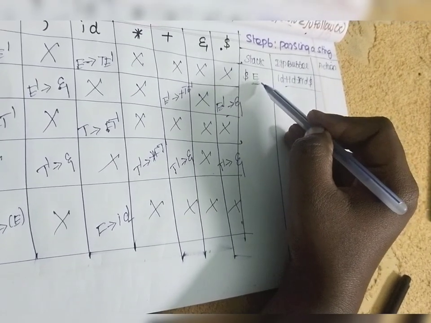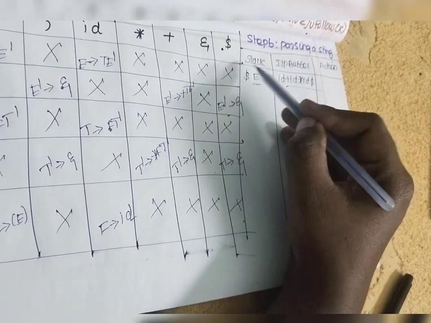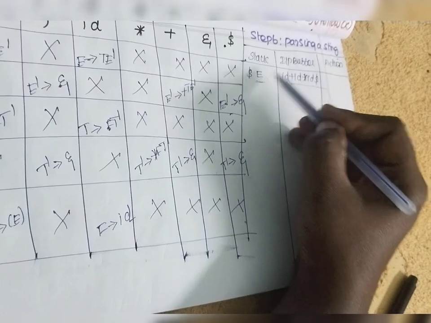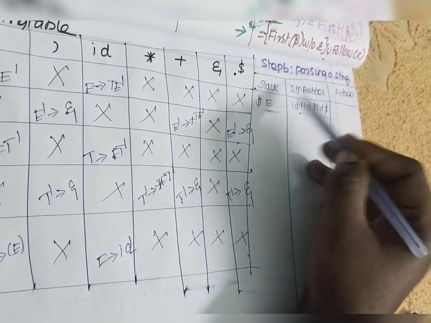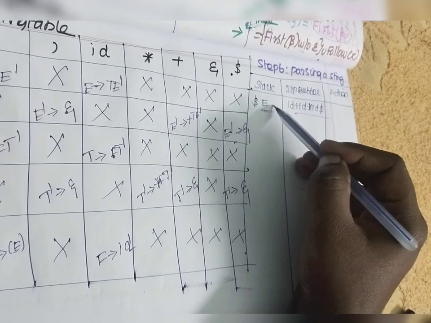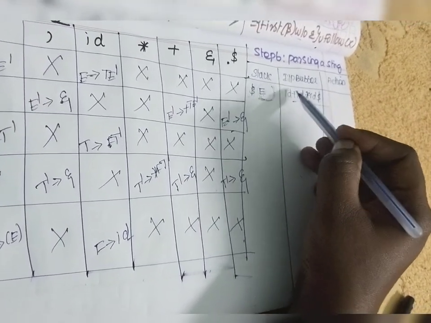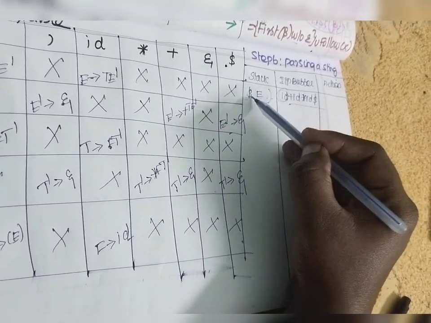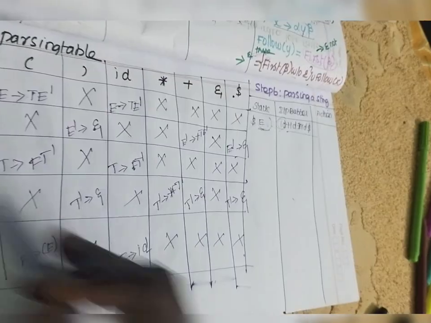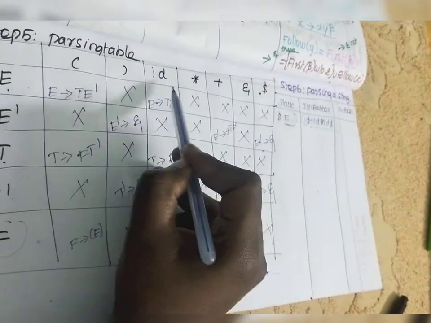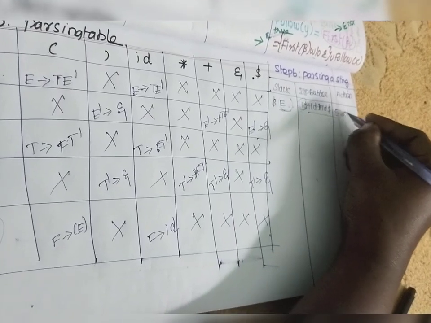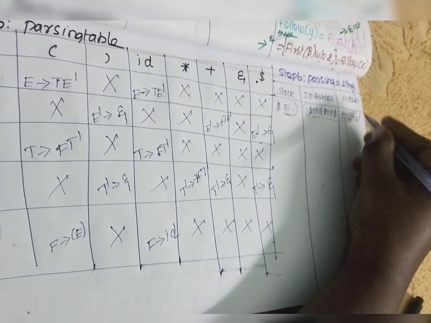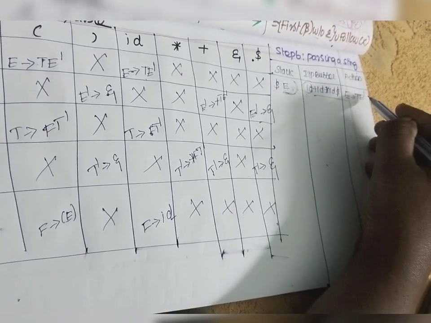You have to check the stack's right corner one and the input buffer's left corner one. E and ID, whether it is having a parsing table production. E and ID having one production rule, that is E tends to T E dash. You have to substitute E with this production.